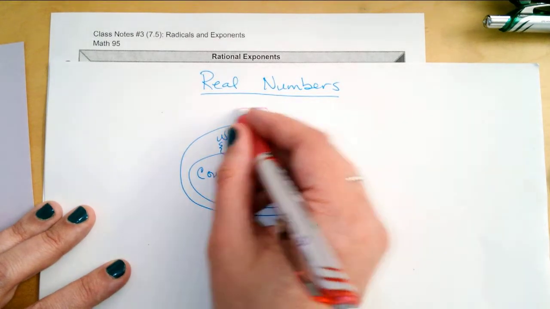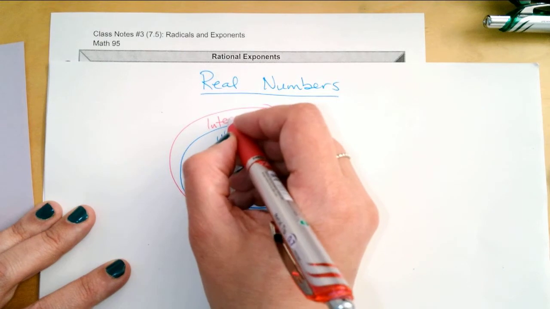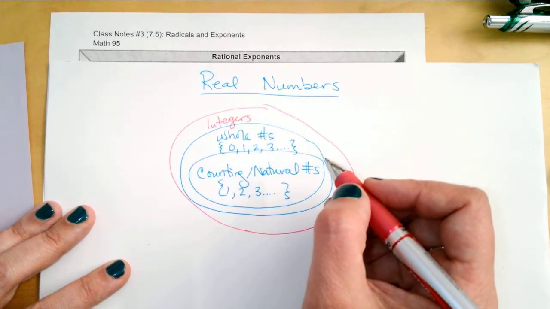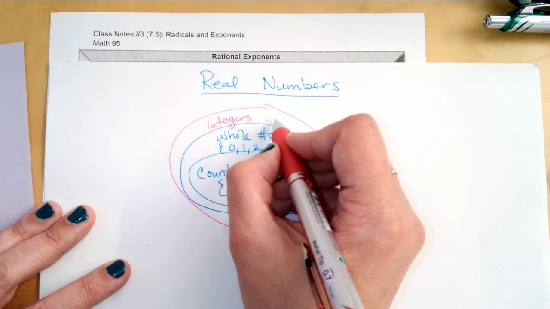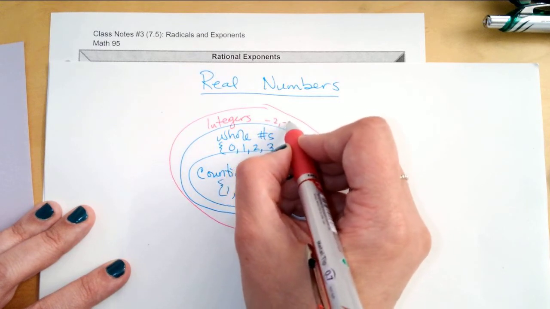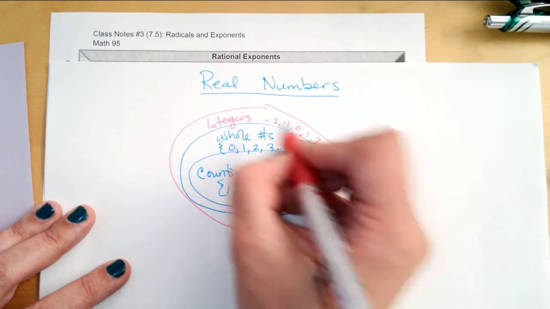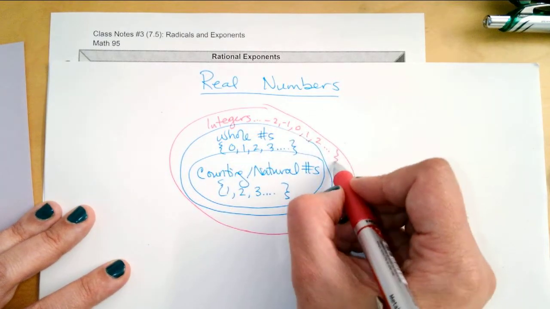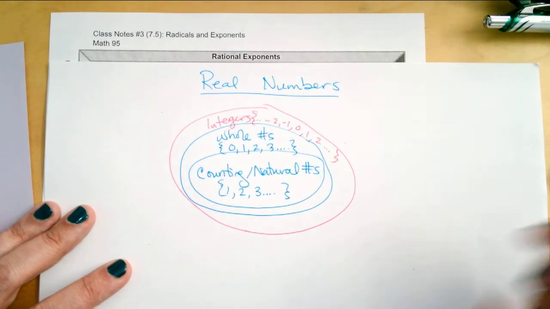The next set are the integers. And the integers are all of the whole numbers and their opposites. So you would have -2, -1, 0, 1, 2, going from negative to positive infinity. Keeps going.